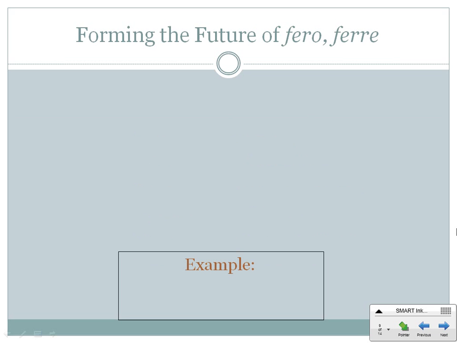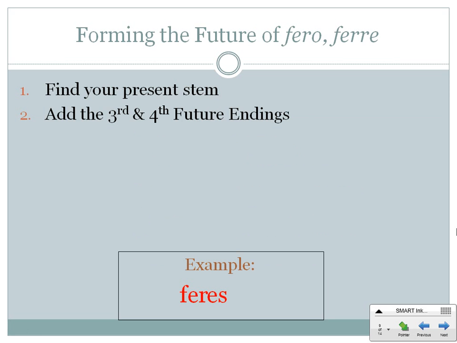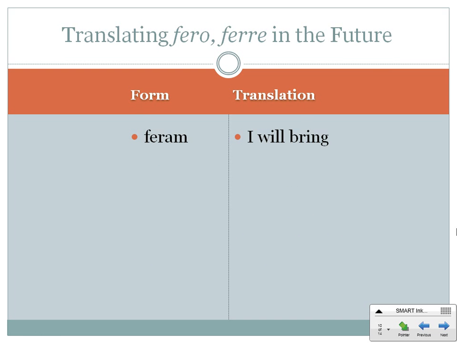And forming the future for fero, ferre, here we're getting into those that use the third and fourth conjugation endings of am, es, et, emus, etis, ent. So you're going to find your present stem, which is the fer, and add your third and fourth conjugation endings, which for this one we're going to use es, so feres.